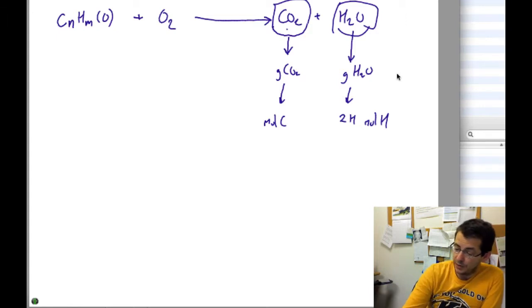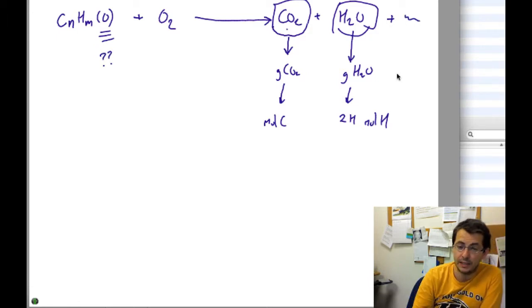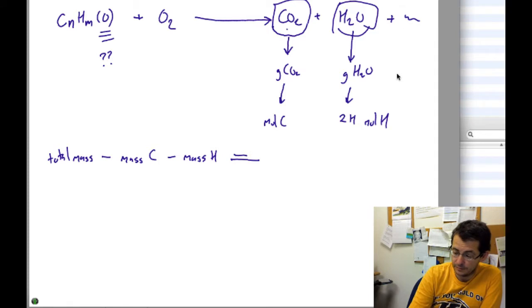One of the problems, though, is that oftentimes, if there's oxygen or some other element present, it also ends up as a product, and we don't necessarily capture that. But if we know the total mass, we can subtract out the mass of the carbon and the mass of the hydrogen, and if it equals 0, it means that there's nothing but carbon and hydrogen.